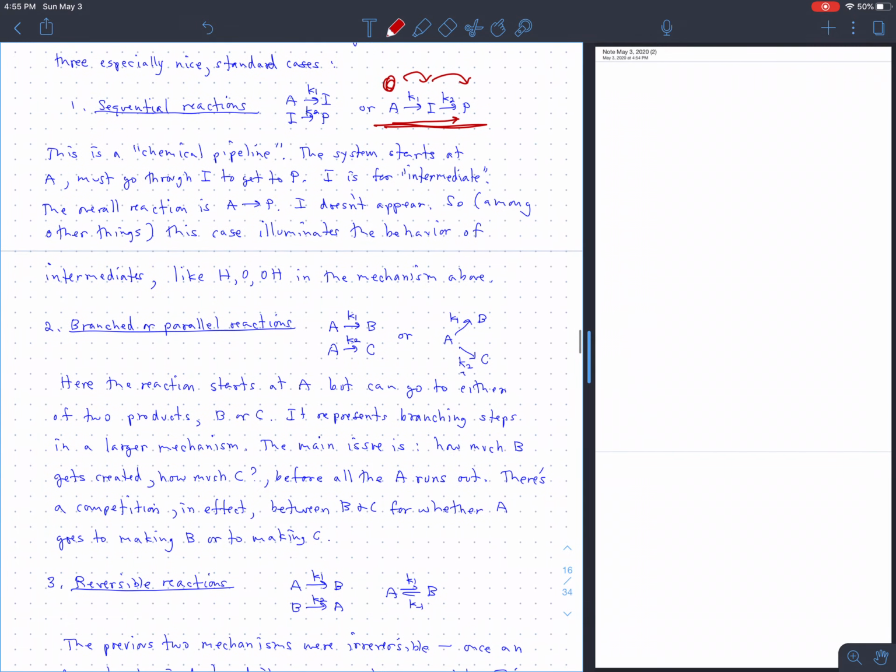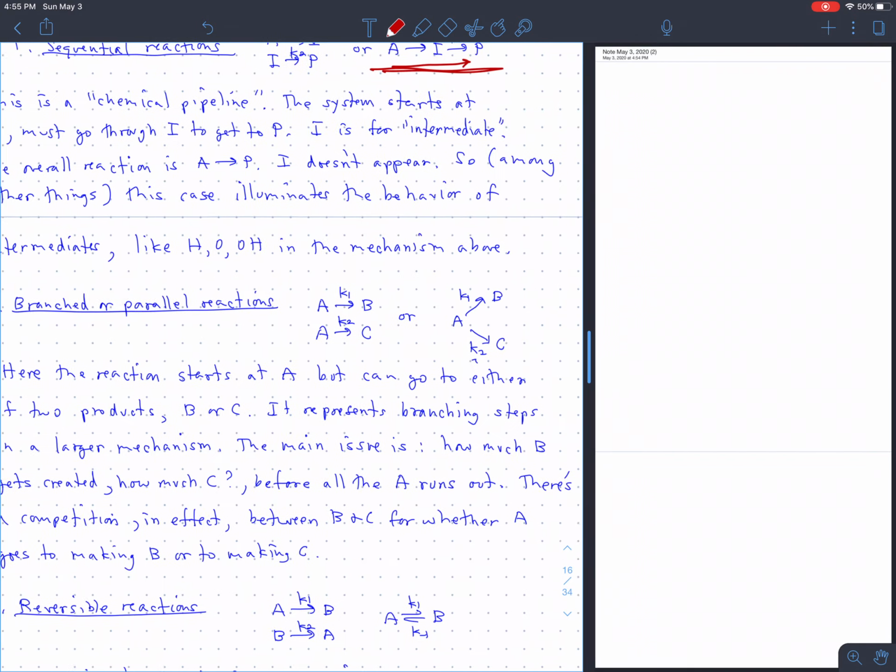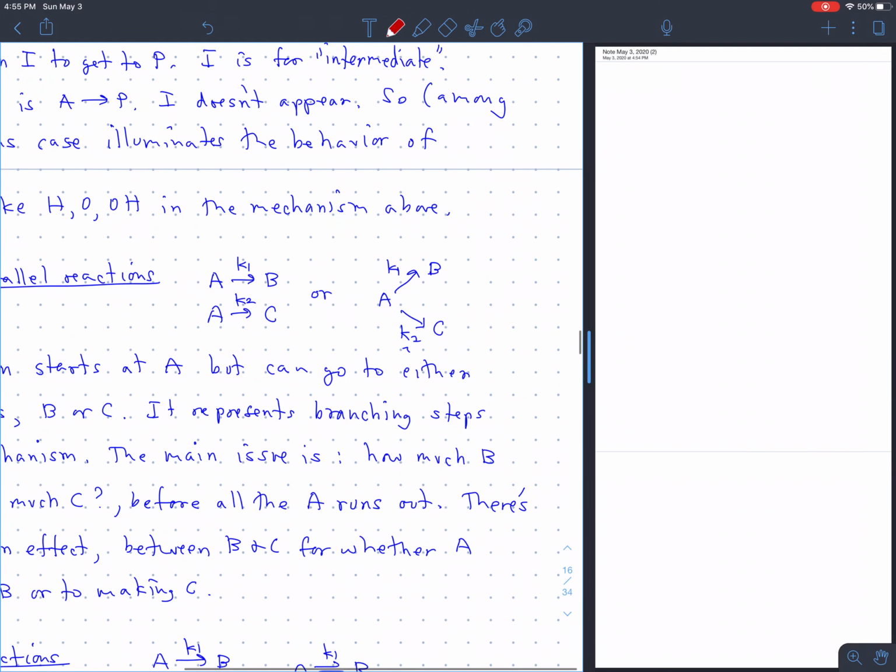The second type of basic mechanism are the branched or parallel mechanisms. So here it is written out elementary reaction by elementary reaction, or here it is written out more in the traditional diagram approach. But the idea of a branched mechanism is that you have a single reactant which can go to more than one kind of product with different rate constants for each case.